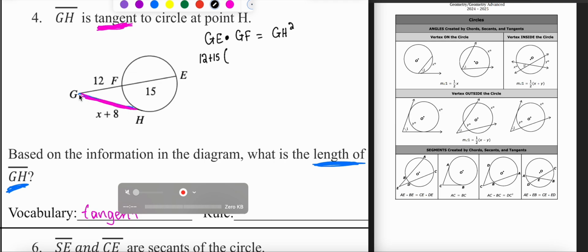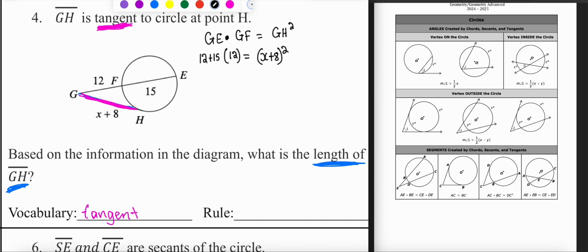So GF is going to be from here to here, which is 12, equal GH square. So GH is x plus 8, and you must put it in your parentheses, square. All right, so we're going to solve this.